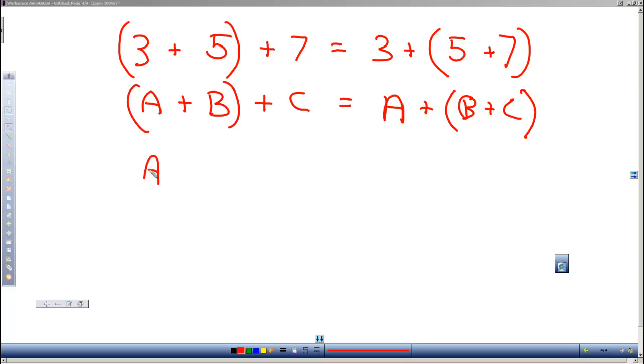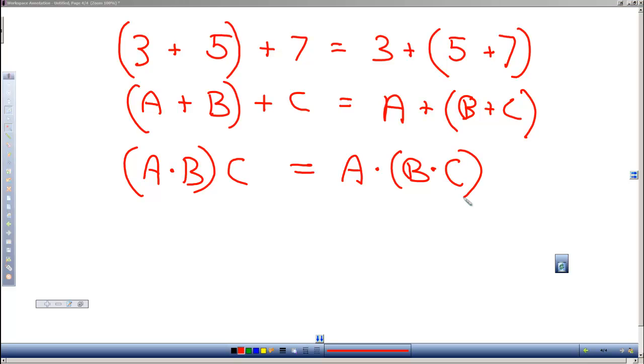So A and B, in parentheses, ANDed with C, is the same as A ANDed with B and C, in parentheses. As long as it's, again, the same operation, the order doesn't matter. And I'll leave you to verify that on your own with a truth table. So that is the associative and commutative laws in Boolean algebra.